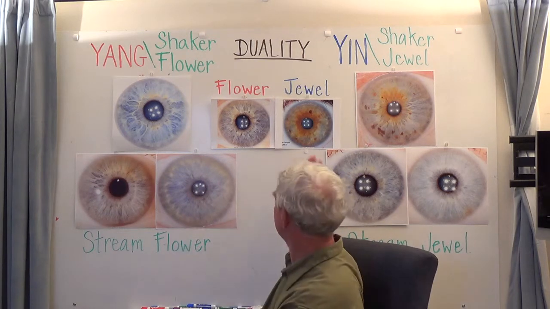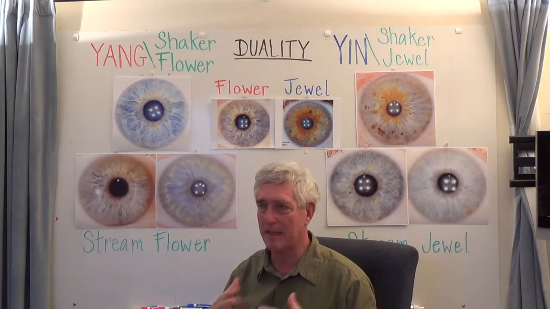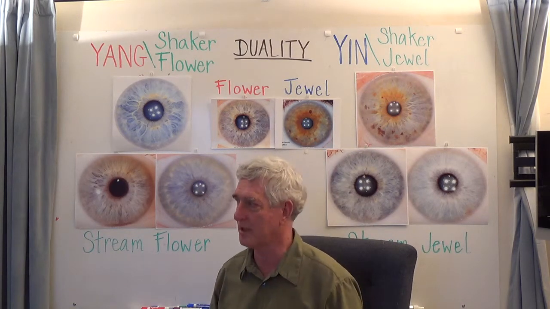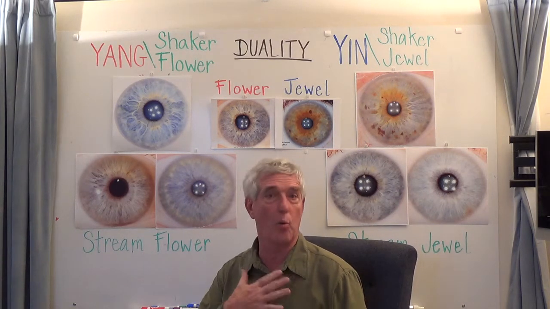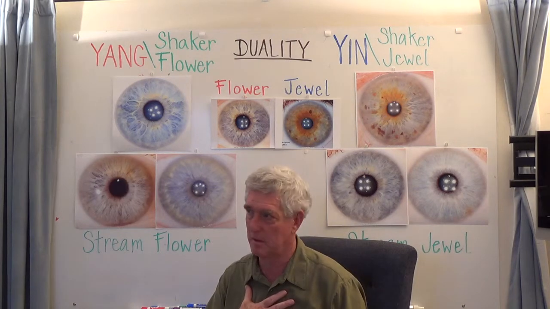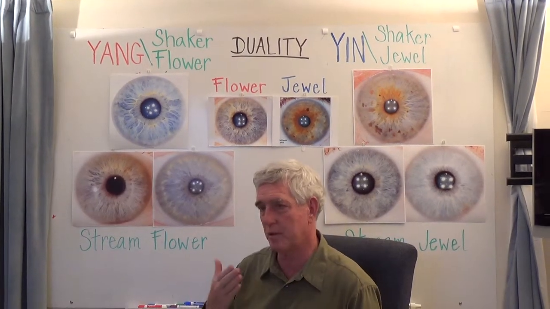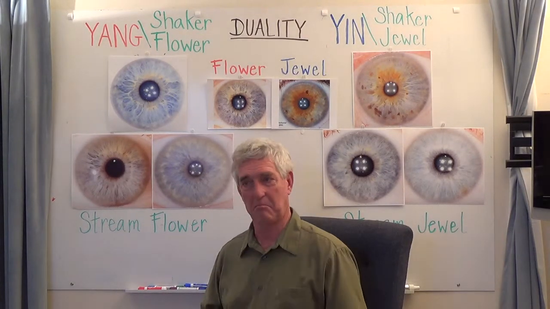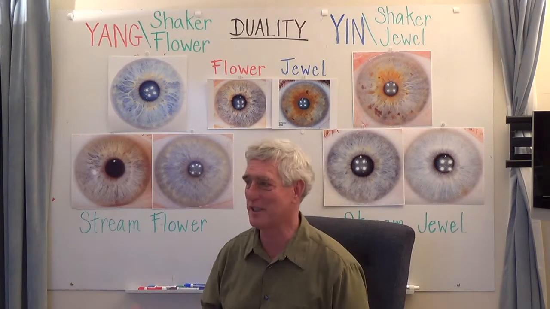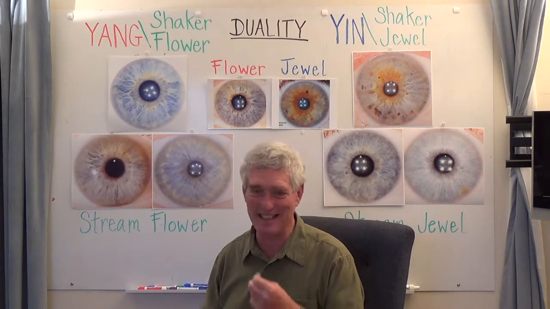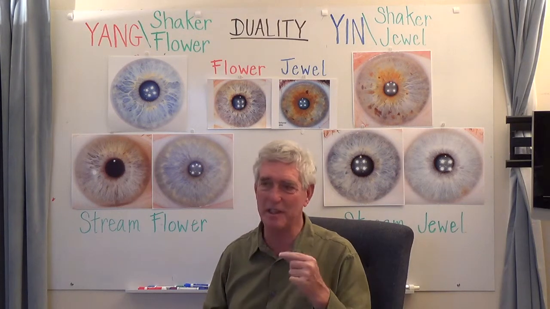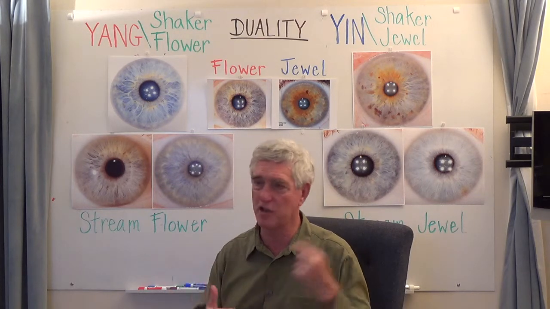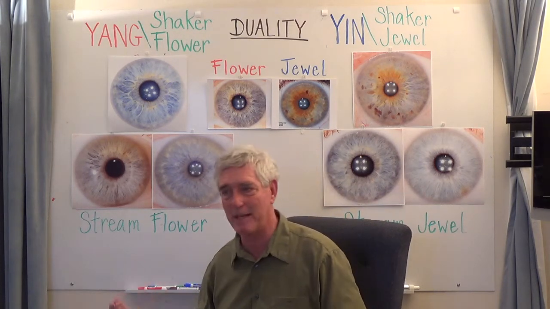So by being able to see this, if I want to be objective to myself and I see how nature works, what can I do with myself? Can I choose to increase my constrictiveness? There's an interesting experiment. I've actually explored this many times. Can I increase my flowerness? Can I increase my shakerness? Can I increase my streamness?